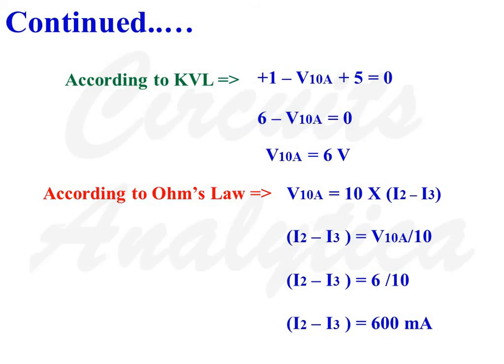V10A is equal to 6 volt. We know that according to Ohm's law, V10A is equal to 10 into (I2 minus I3). Therefore, I2 minus I3 is equal to V10A divided by 10, which is 6 by 10. I2 minus I3 is equal to 600 milliampere.